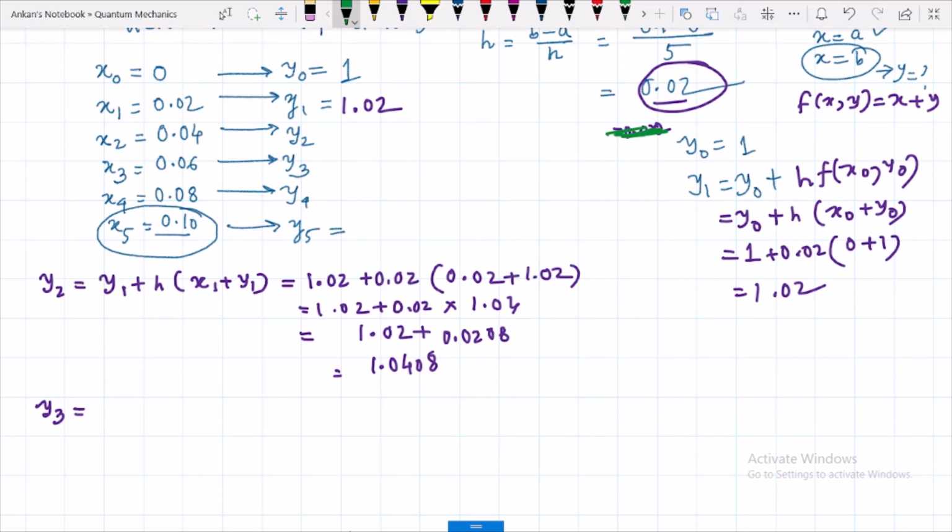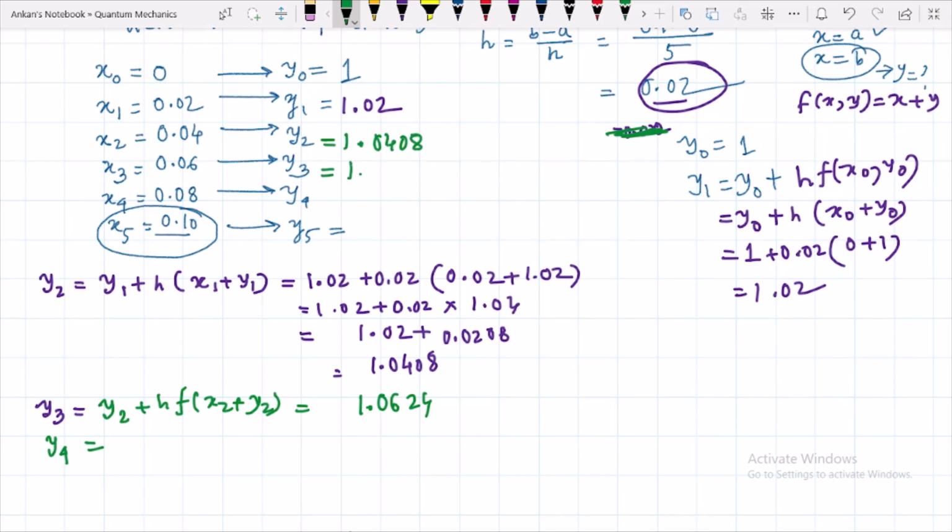But you have to solve this by Euler's method as you are asked to do so. So y3 is y2 plus h into f of x2, y2. With the help of the calculator, you can write this as 1.0624. And y4 will be y3 plus h into x3 plus y3, and the solution will be 1.0848.